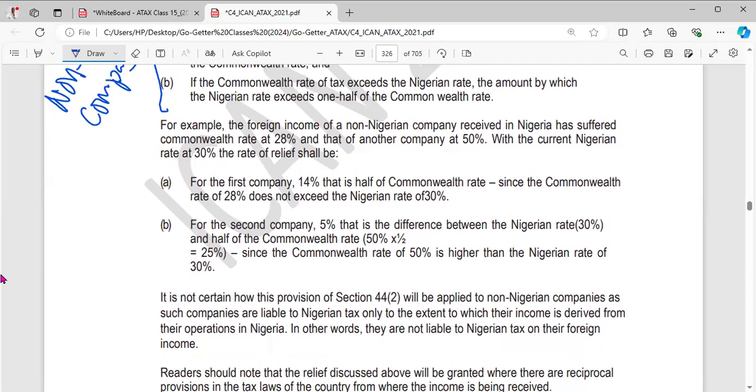Now, it says here again, it is not certain how this provision of section 44 subsection 2 will be applied to non-Nigerian companies, as such companies are liable to Nigerian tax only to the extent to which their income is derived from the operations of Nigeria. In other words, they are not liable to Nigerian tax on their foreign income. They are only liable to tax on their Nigerian income.